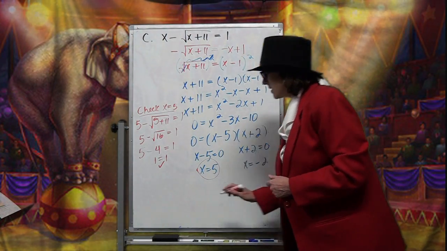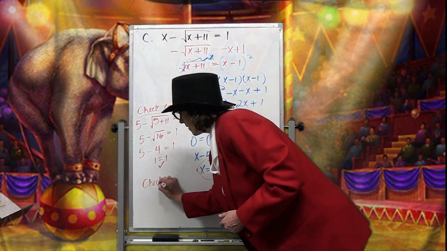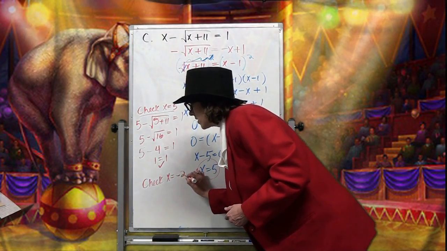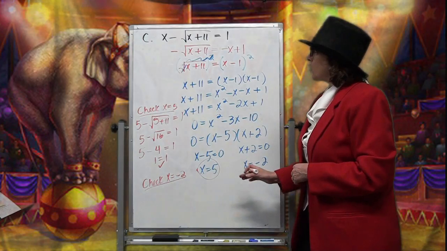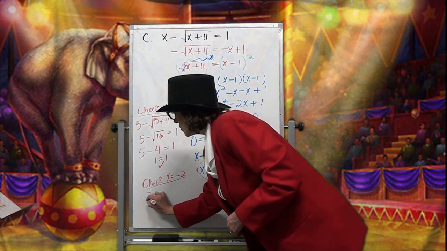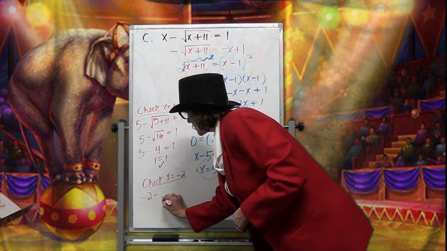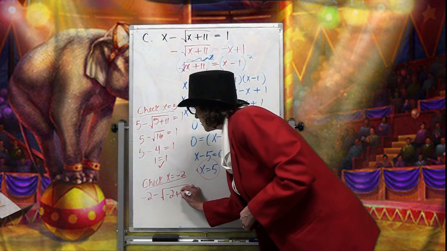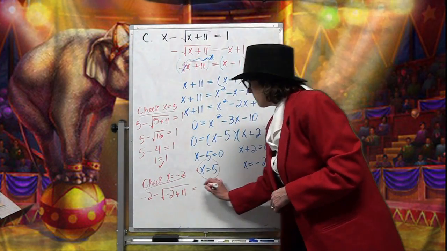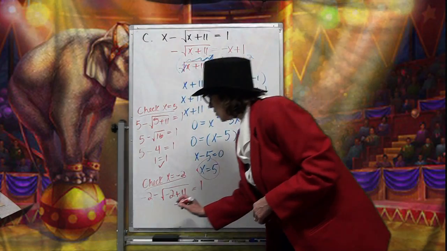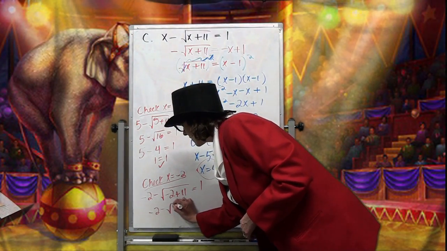Now let's check our x equals negative 2. It could be extraneous, or maybe both of them work. So when I put the negative 2 in here, I get a negative 2 minus square root of negative 2 plus 11, and I better come up with a 1. Now, negative 2 plus 11 is 9.